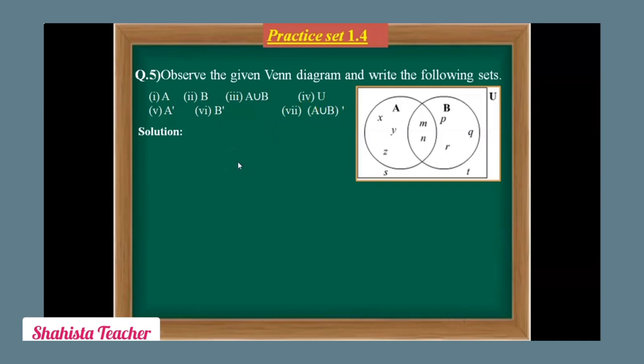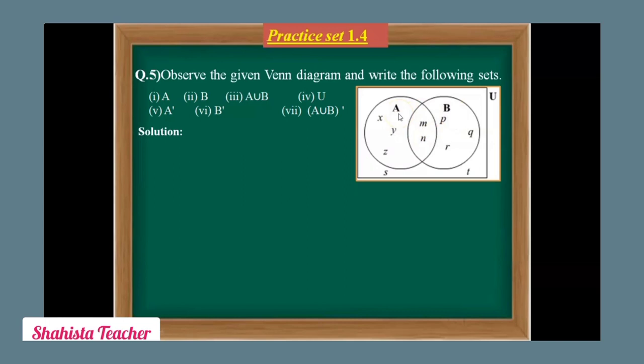Now let's solve. First, we will write sub question 1. Set A carries how many elements? Observe this Venn diagram. X, Y, Z and M and N. M and N is the intersection, which is present in both sets.